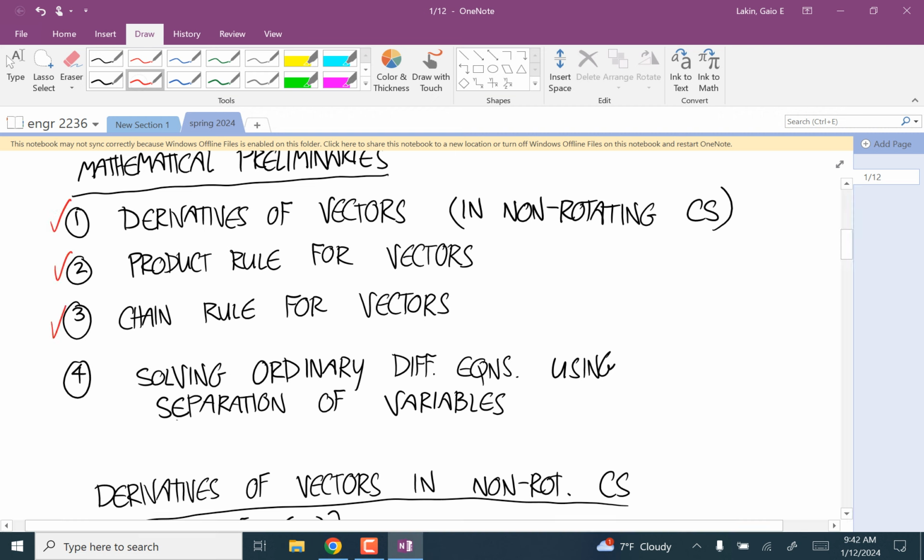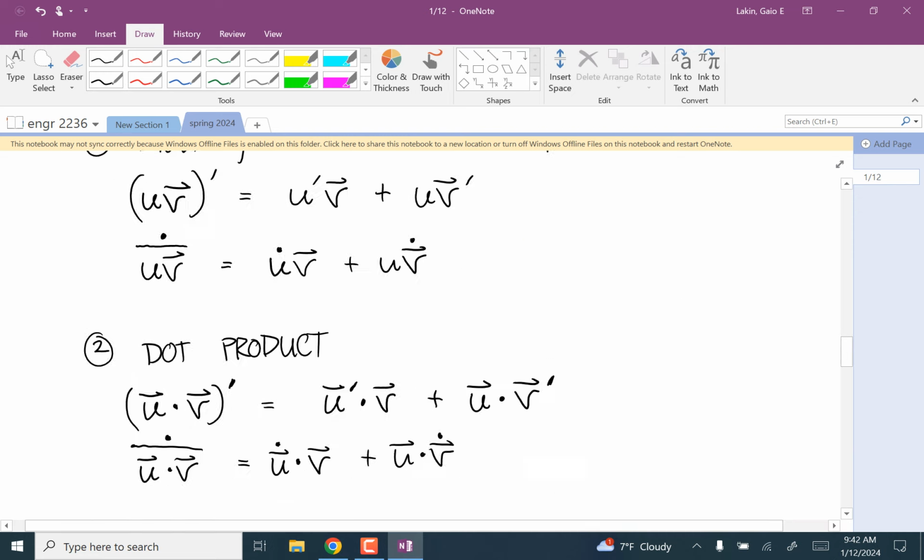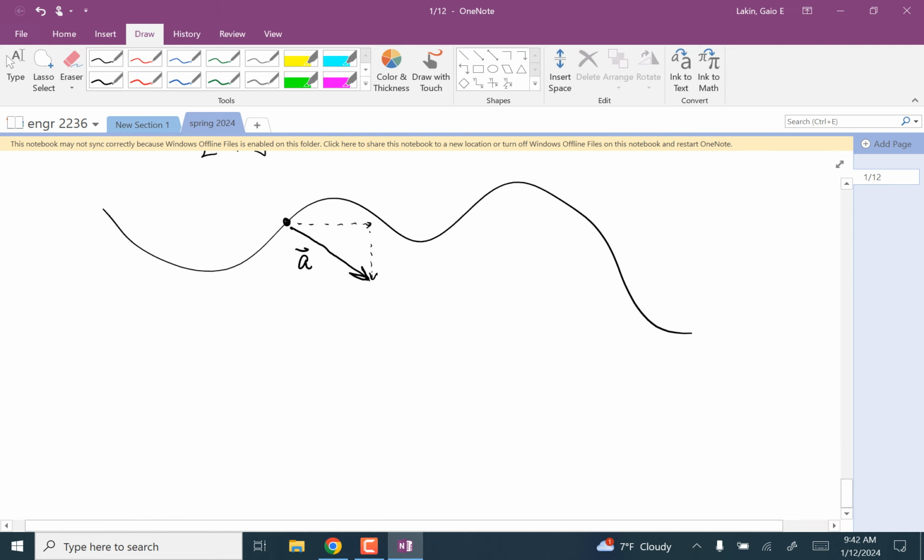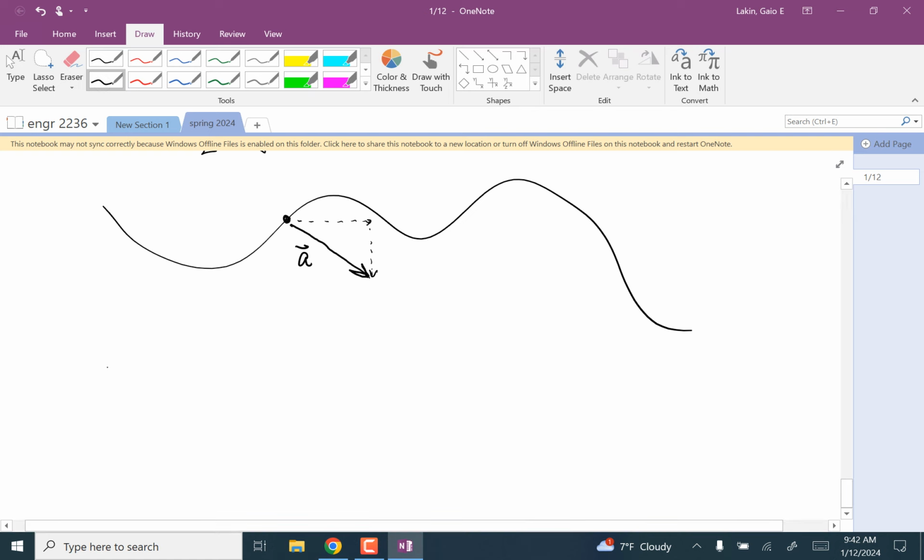So now we're going to get into solving ordinary differential equations using separation of variables. And ordinary differential equations, I'll write it out, but I'm going to abbreviate that ODEs. That's a common abbreviation.